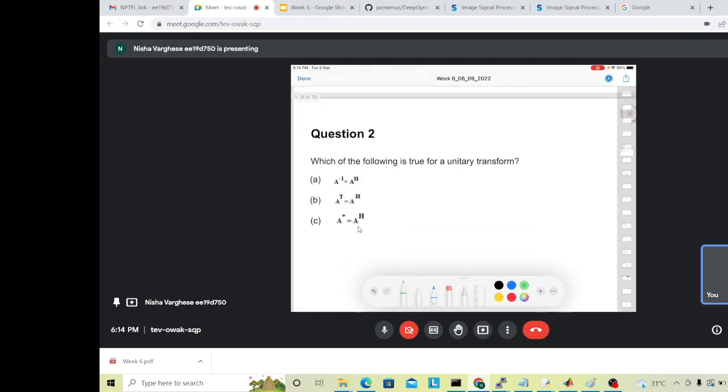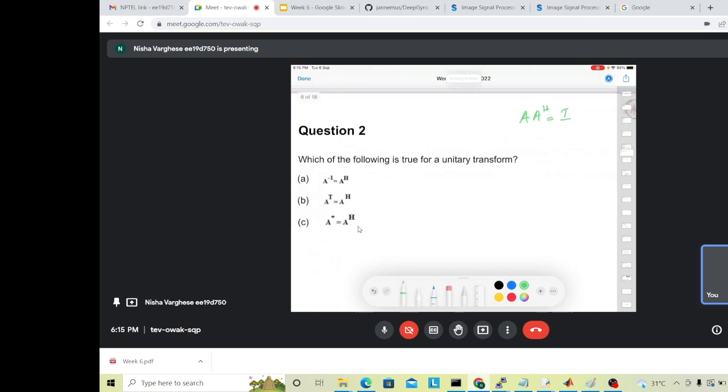So the first question is: which of the following is true for a unitary transform? We know that the fundamental equation for a unitary transform is A times A Hermitian equal to I. So what will be the relation between A and A Hermitian?